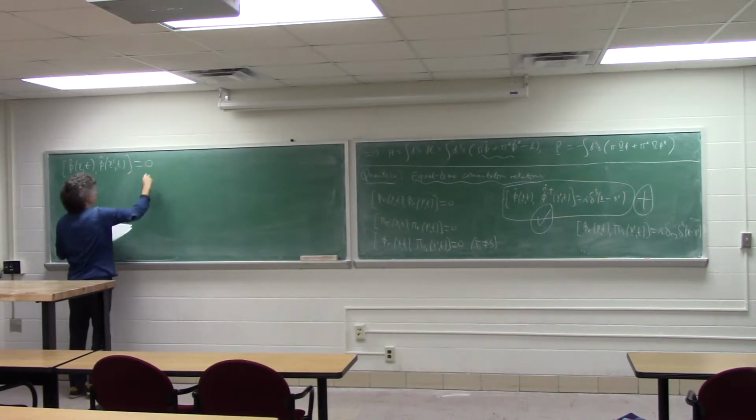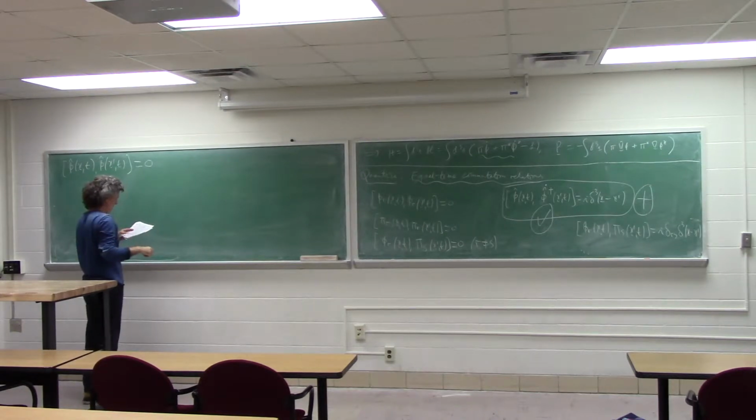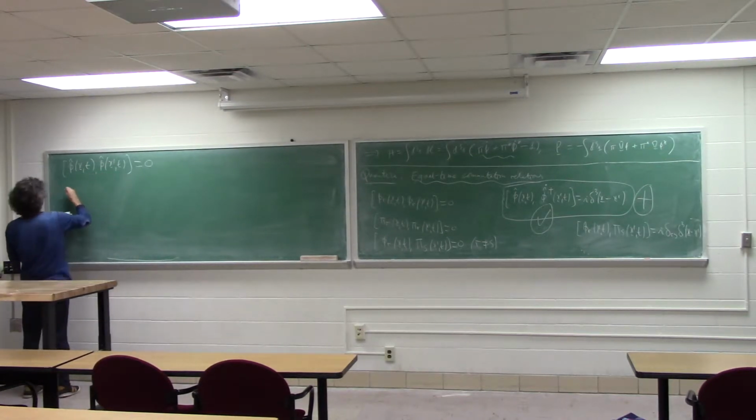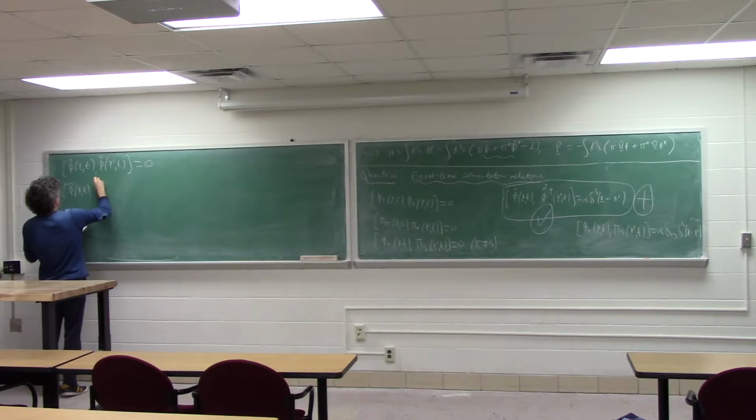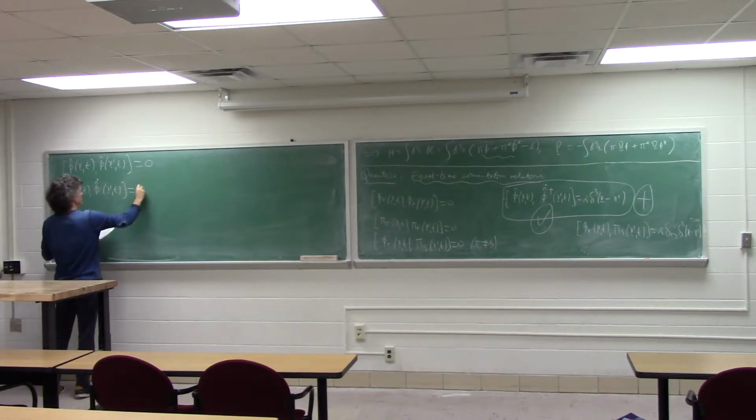This is of course 0, and it's also true that phi hat x t, phi hat dot x prime t is 0.